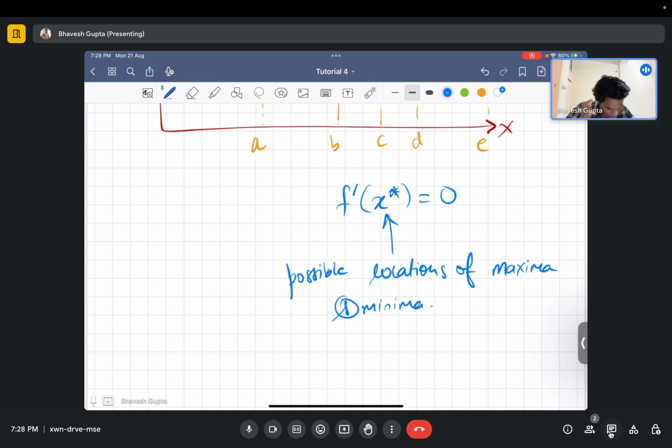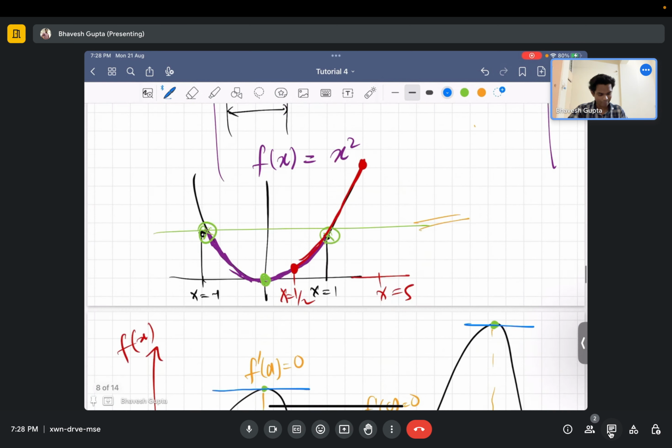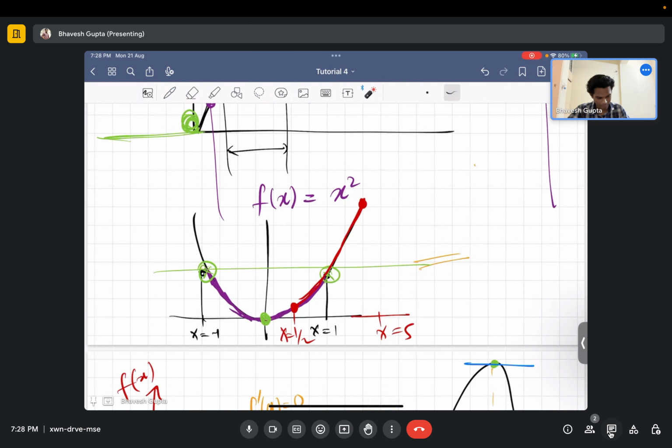But I would also add another set of points. Those are known as boundary points. For example, in this example, if you see this red part, what I did was just change my boundary. My boundary was defined from here to here, but now I defined my boundary from here to here.